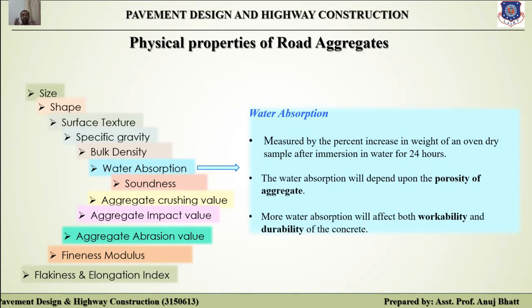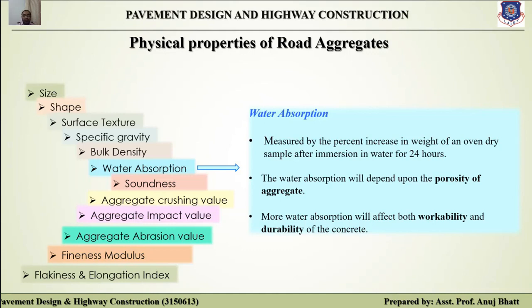So that's why here the workability and durability of concrete is also to be taken into consideration. So this is all about the water absorption, how it affects and how it relates with the aggregate.